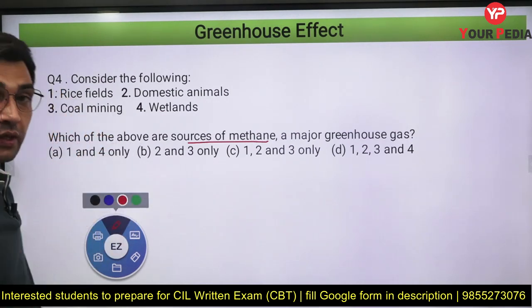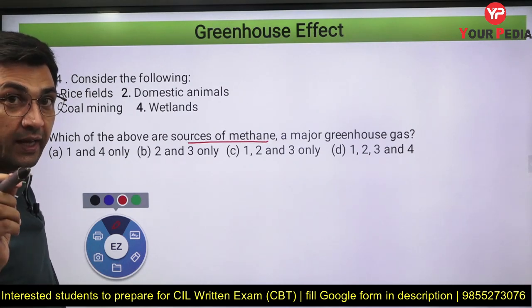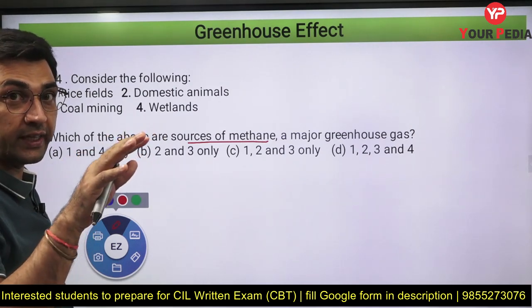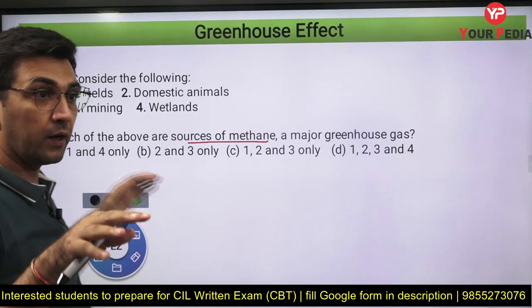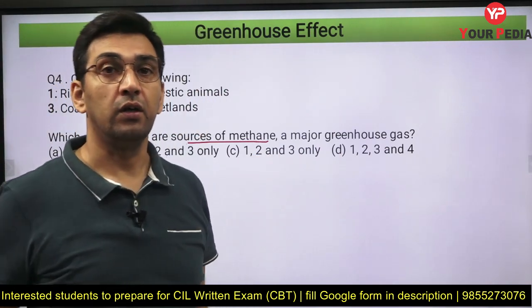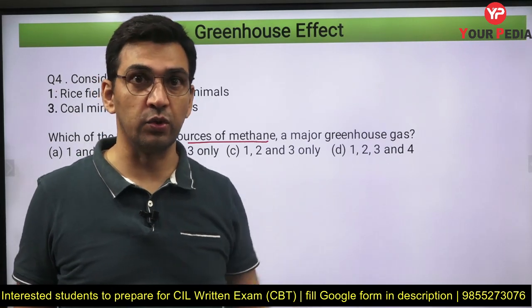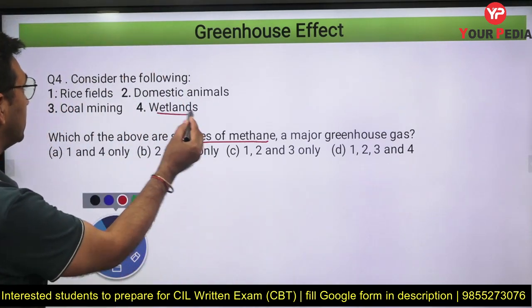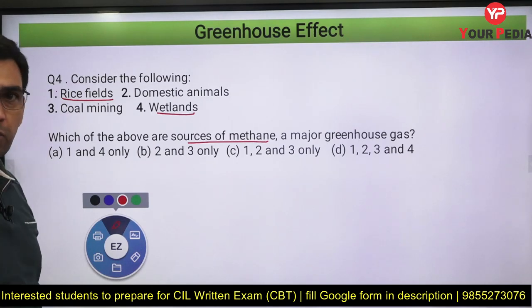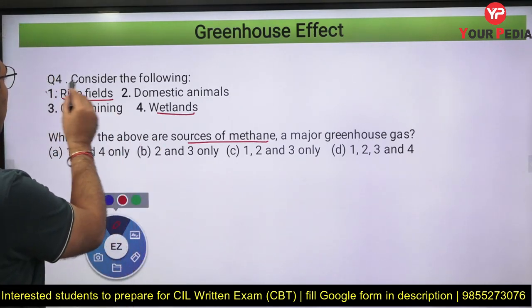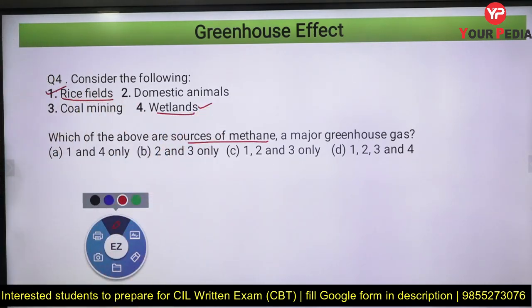I told you methane is released in all those areas where you have relatively high water content, right? Because of microbial activity, it is released into the environment. So whether I talk about wetlands or rice fields, both are areas having a relatively larger content of water, and therefore methane will be released.